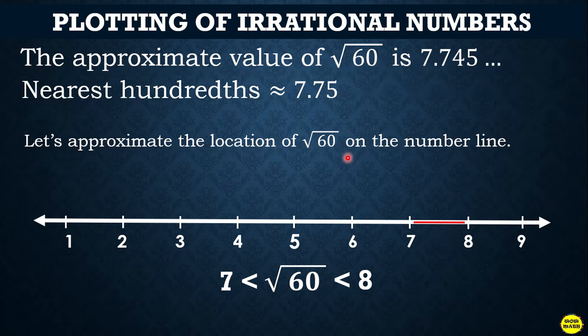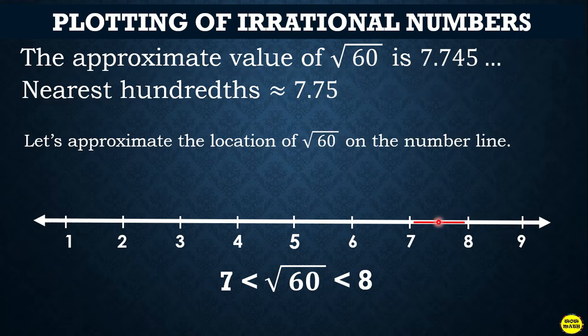Okay? So, let's try to graph square root of 60. So, again, this is just approximation, estimation. Hindi ito yung exact na graph niya. So, we are just approximating kung sang part siya ng number line. So, since nasa gitna siya ni 7 at 8, 7.75 ang ating estimated root.